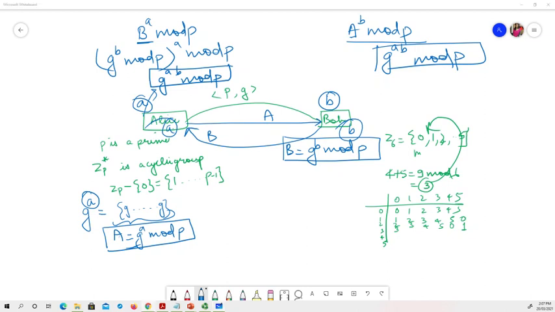Let me give you one example so that you understand this. Let's suppose, as I was saying, that in order to have this kind of algorithm, they agree upon two numbers, p and g. This is Alice and this is Bob. Alice and Bob agree upon p and g. Let us suppose p is 17.